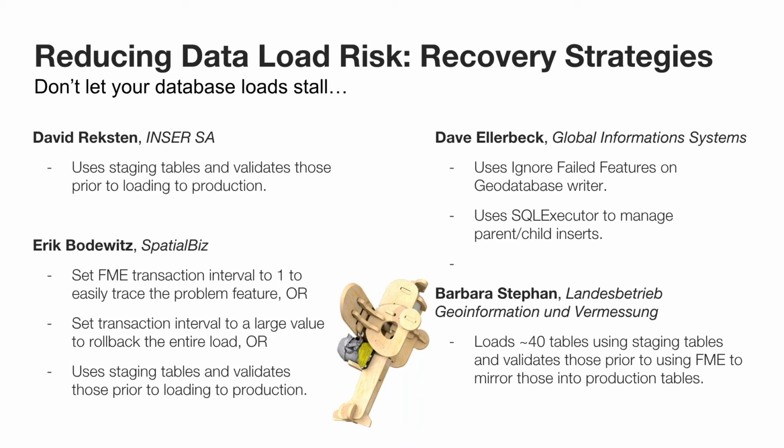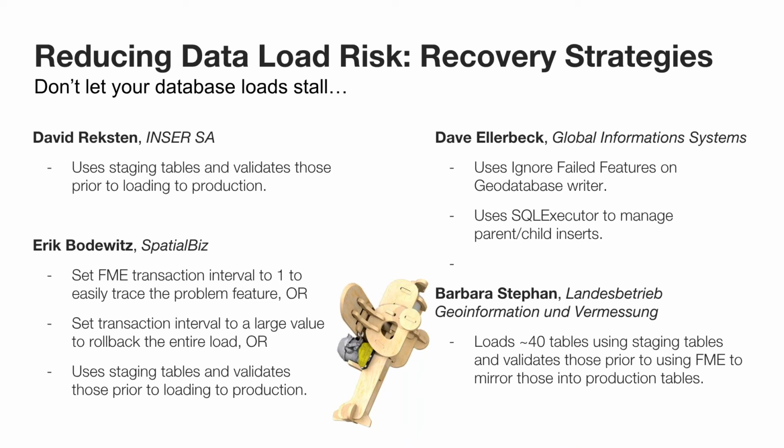Of course, if you've got mandatory fields or other relationships, sometimes that's a good thing to do if you've got child tables, parent and child tables, or other joins. Eric at Spatial Biz, he uses a variety of approaches to reduce his database load risk depending on the kind of data he's loading.